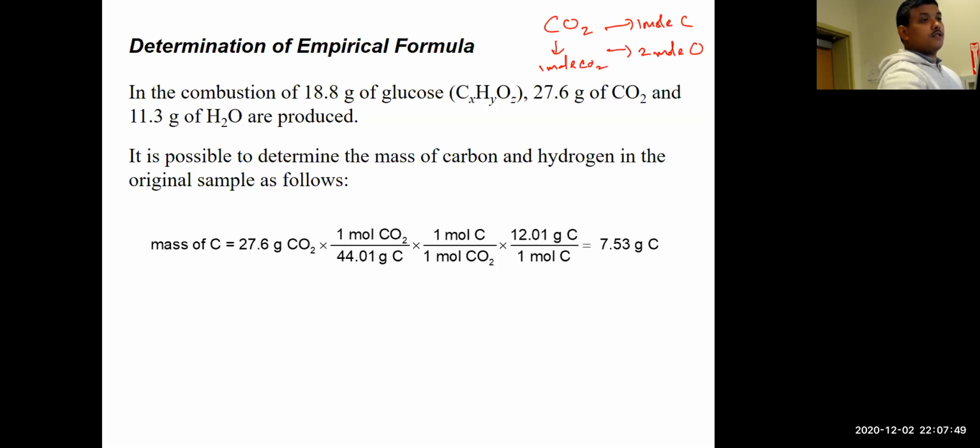That is how we read a molecular formula. In that ratio, they combine. So using that ratio of 1:1, we are going to identify moles of carbon, then convert it back to grams of carbon. That's going to be our plan.